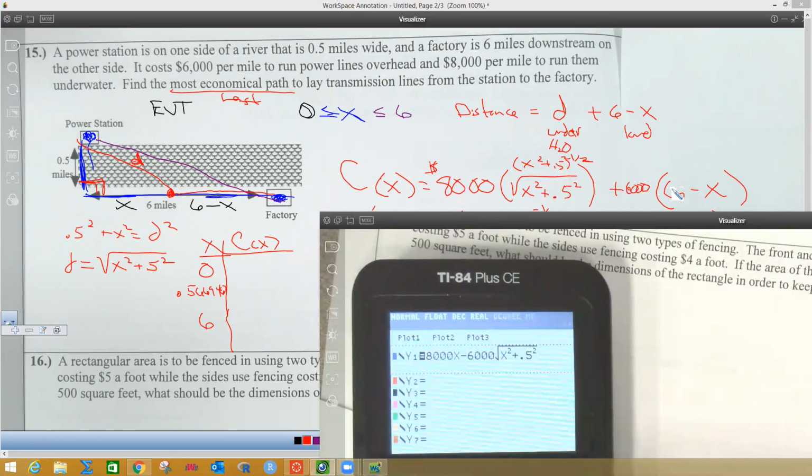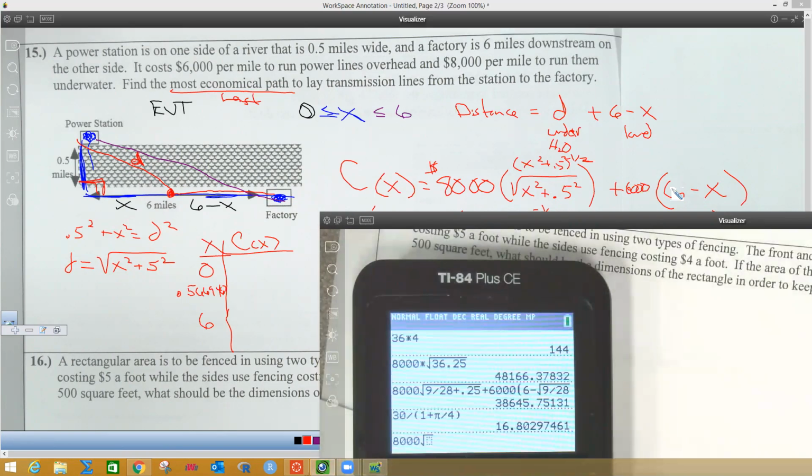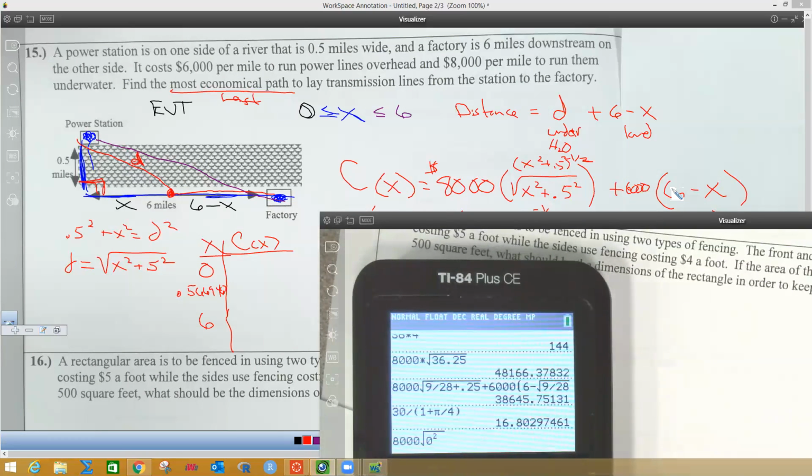Okay, now I'm going to type in 8,000, and then square root of 0 squared plus 0.5 squared, arrow out of that, and plus 6,000 times parenthesis, 6 minus 0.